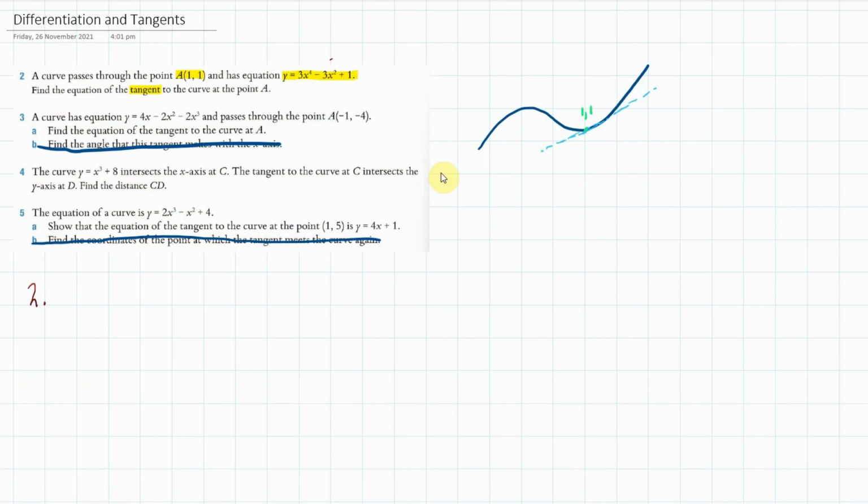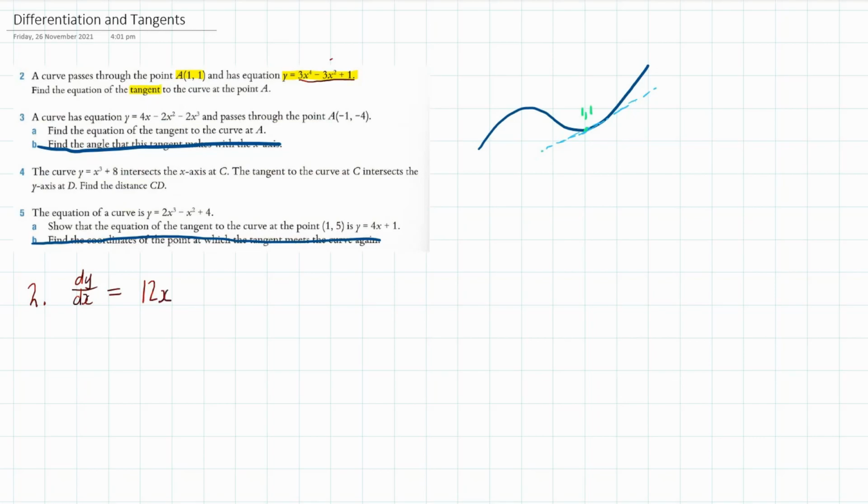So we can differentiate this here. We write dy/dx equals, and we take the 4 that is the index of the x, and multiply it by the coefficient, so that becomes 4 times 3, which is 12.